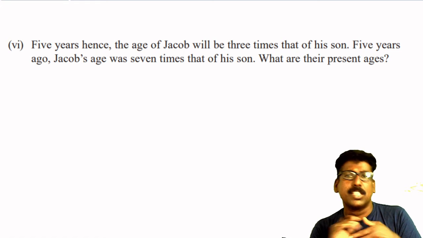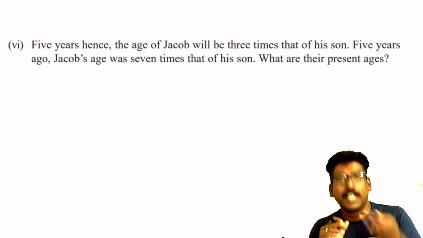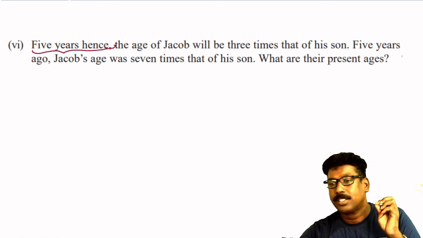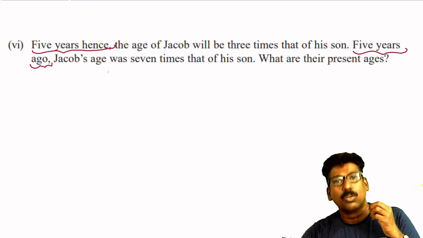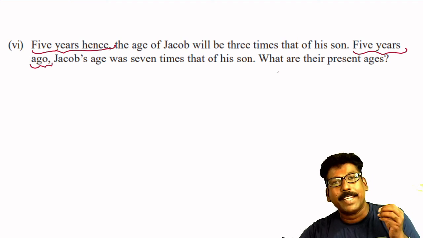For every such problem, you will be given 2 conditions. Here the conditions are 5 years hence and 5 years ago. These are the 2 conditions given in the question. So for our convenience, we can prepare a table.